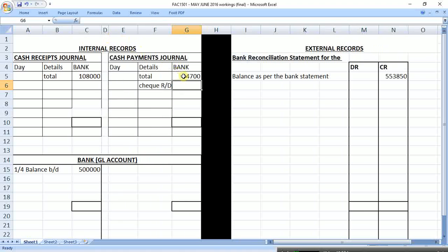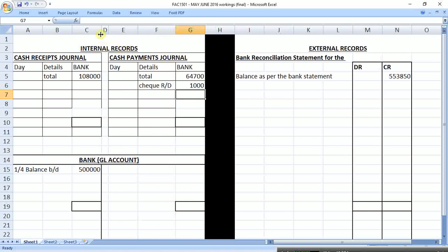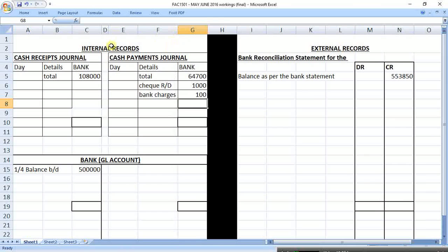How much? 1,000 Rand. Next. Bank charges of 100 Rand. Bank charges? Payment. Why? Because we're paying it. How much? 100 Rand. Good.